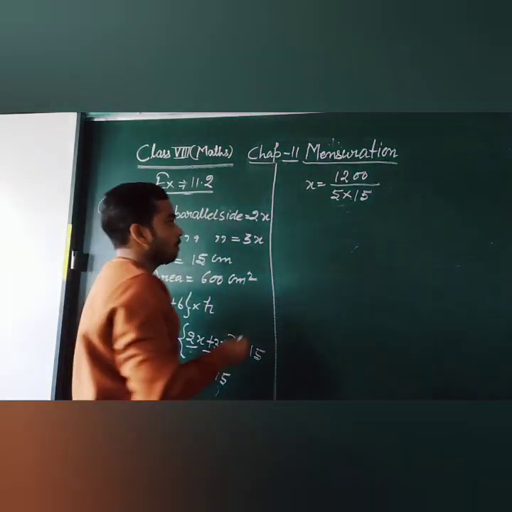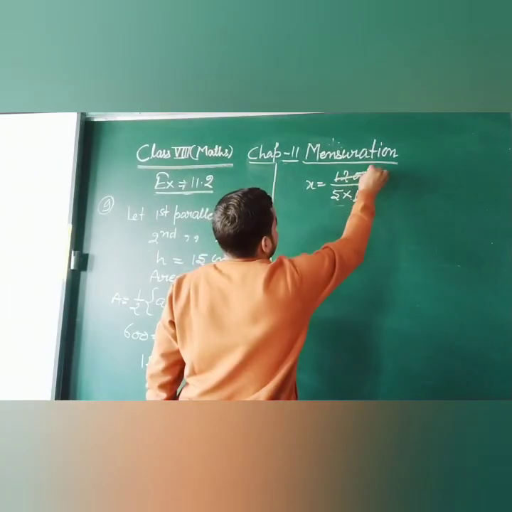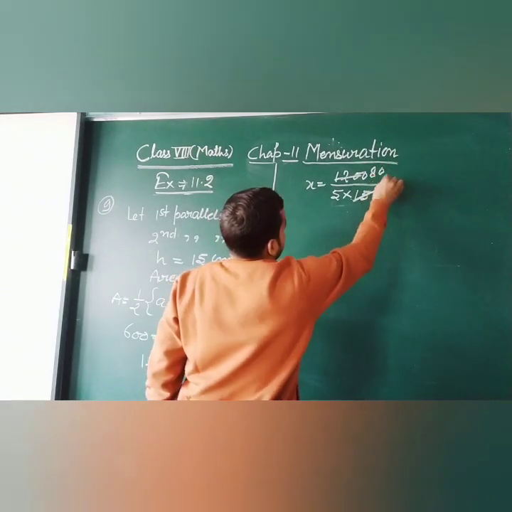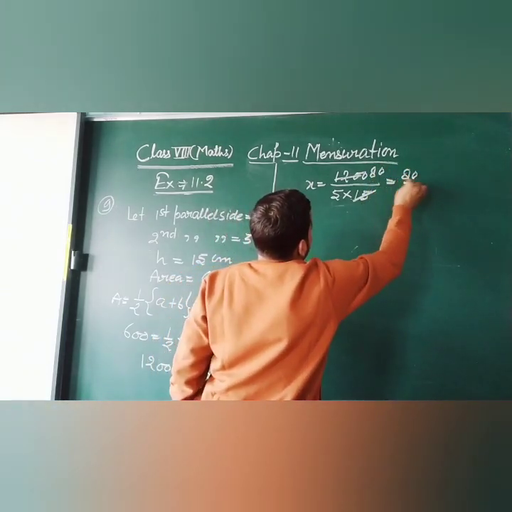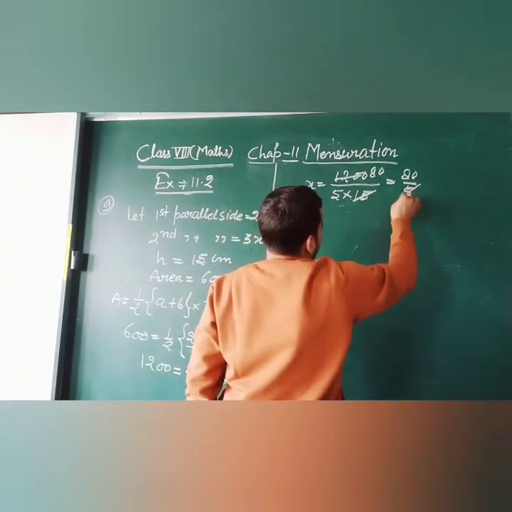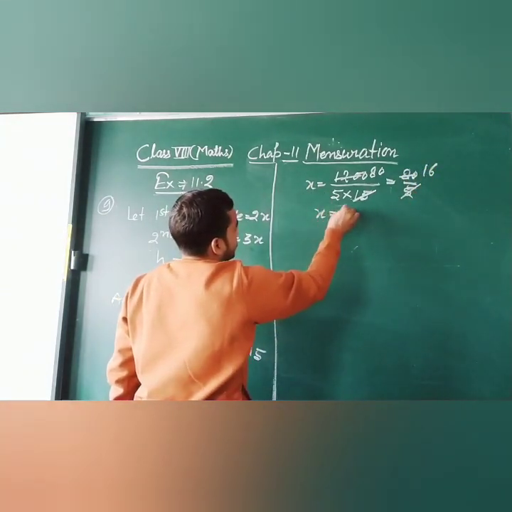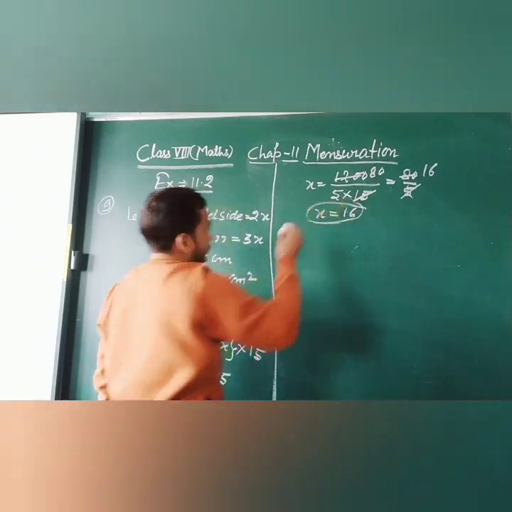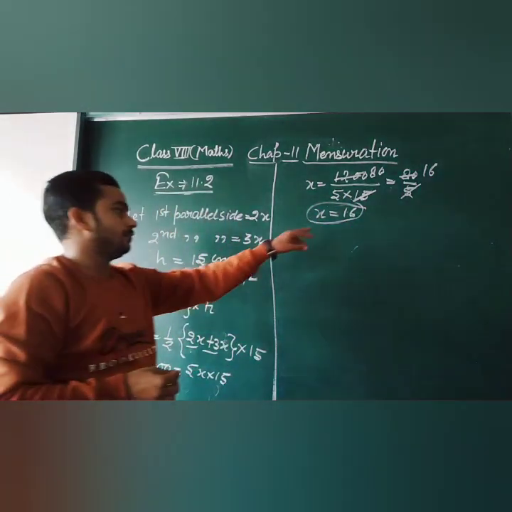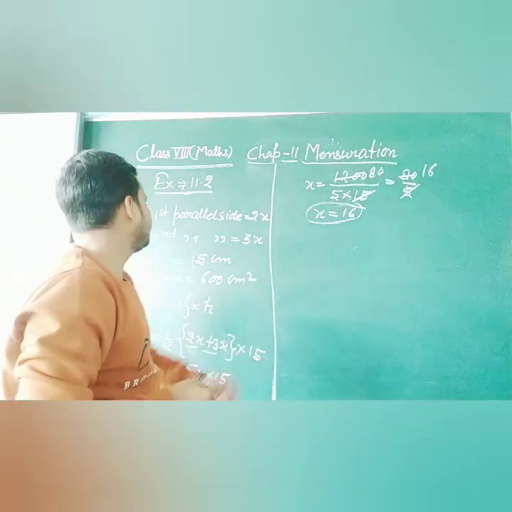Then divide 15 into 120, so equals 80 upon 5, which is 16. So x equal 16. So we have found the value of x, that is equal to 16.